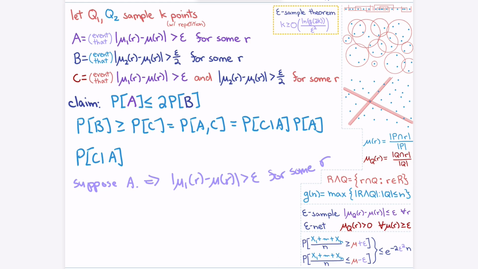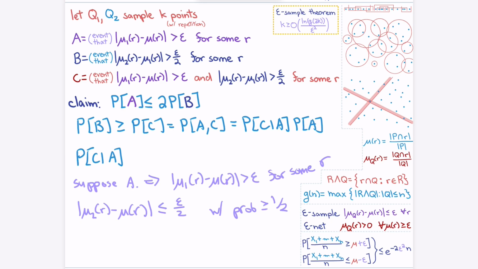So we have mu2 of R minus mu of R is at most, say, epsilon over 2 with good probability, like probability at least 1/2. That's just from the calculations from before, where we were even taking a union bound over everything.